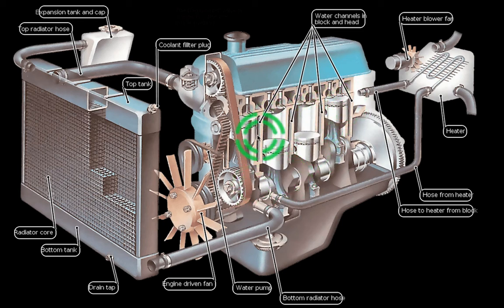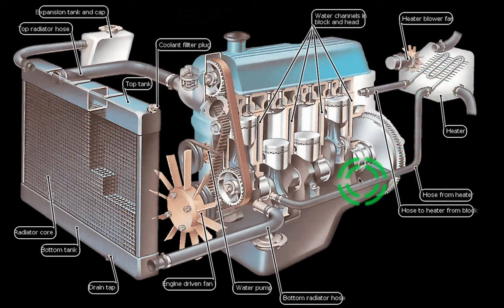So you want your engine to reach a certain temperature as quickly as possible. That's why this gate remains closed. Once it reaches the temperature, water starts flowing and gushing into all these jackets here, and then it also goes to your heater, which is inside your cabin. When you turn the heat on, this is what happens.